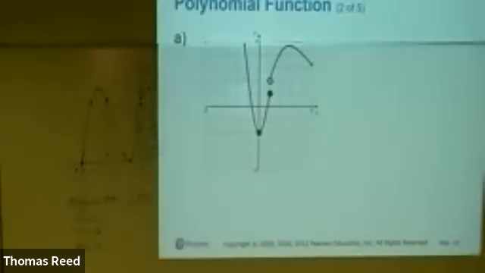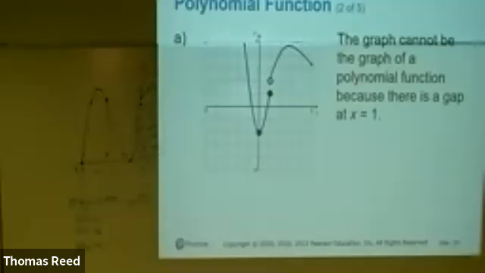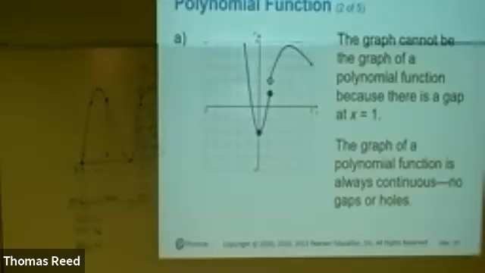This is a definite yes or no. No. Why not? Because it has a gap. So it's not a continuous graph. The graph has to be smooth and continuous. But because there's a gap, it is not continuous. I mean, it's not a polynomial function.